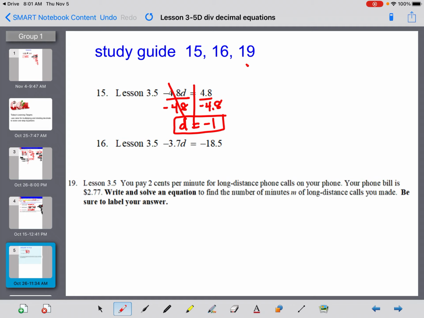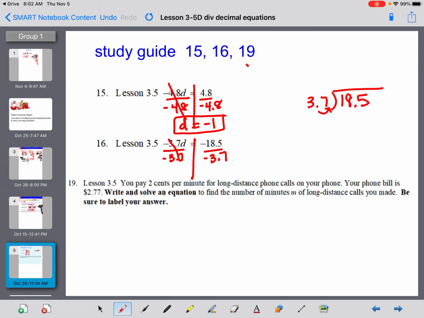All right, I divide both sides by -4 and 8/10, and I get -1. For this problem, I need to divide both sides by -3 and 7/10. So, to run through this division again, some of you forget how to divide.